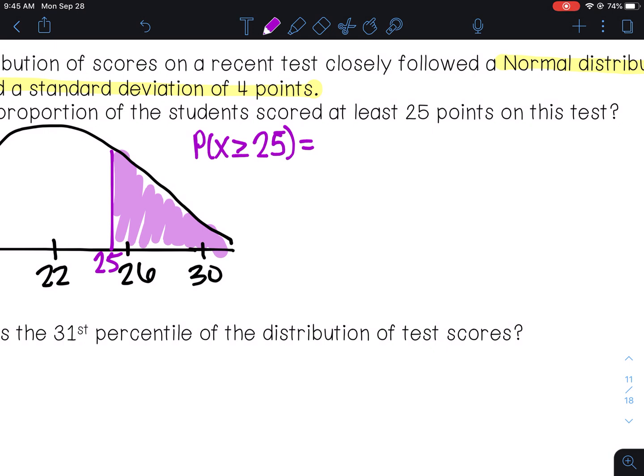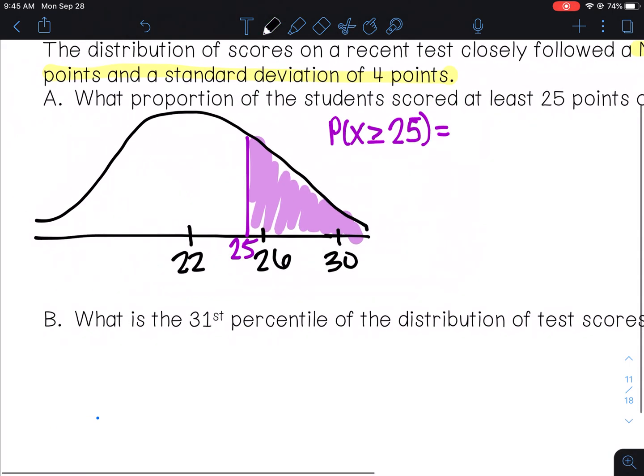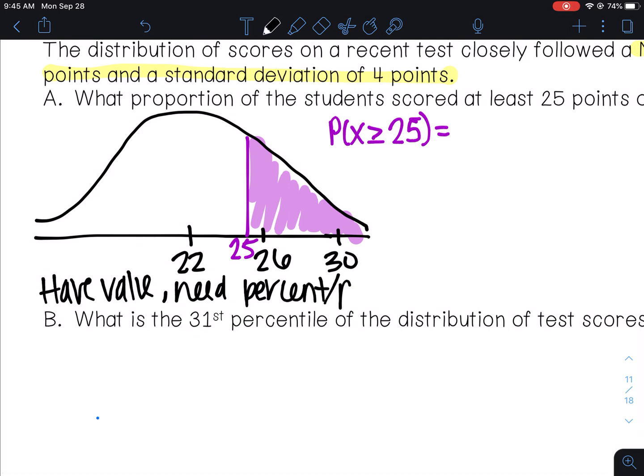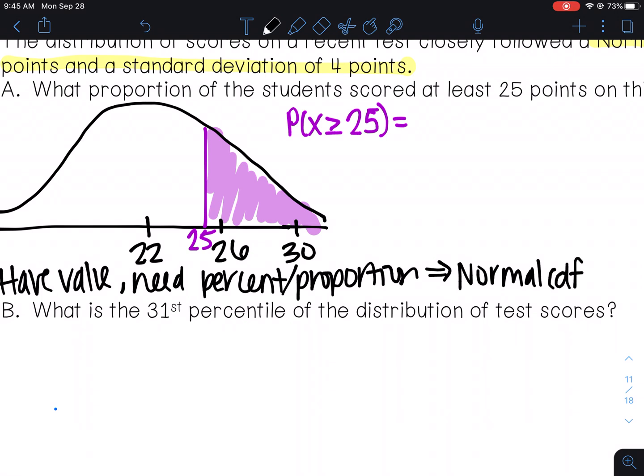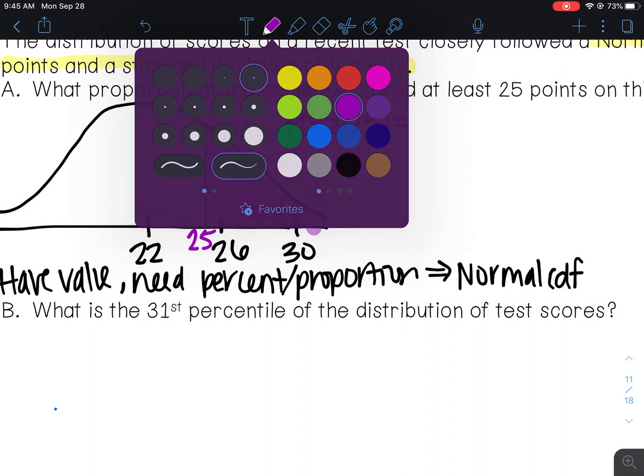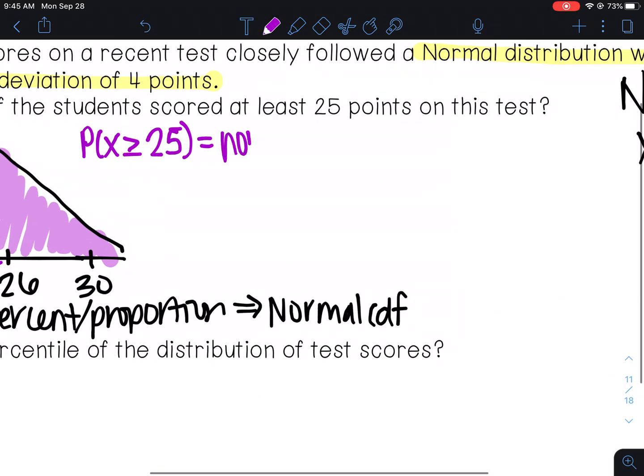This is a note I want to make to myself: I have a value, and I need a percent or a proportion. So I'm using normalcdf. We don't want to mix up normalcdf and invNorm. So I'm labeling normalcdf.